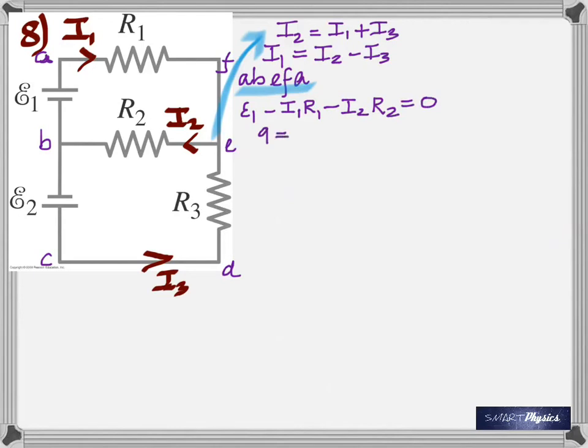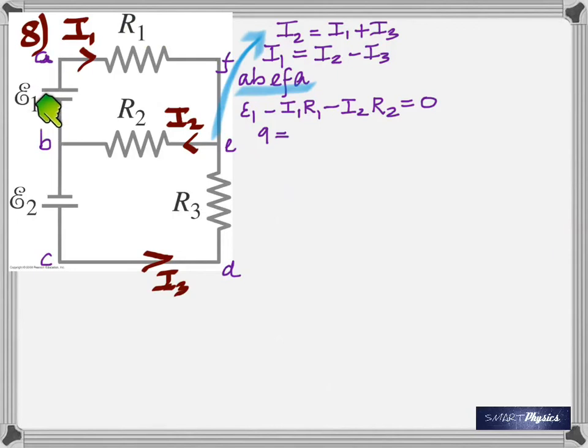And then when you look at ABEFA, you're going that way. I think I've written the equation going this way. So let me go this way, because whatever direction you go, you get the same equation, remember.